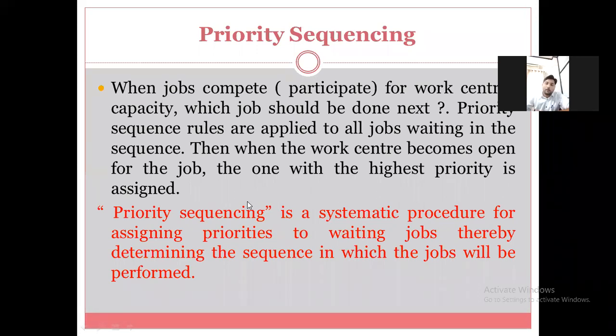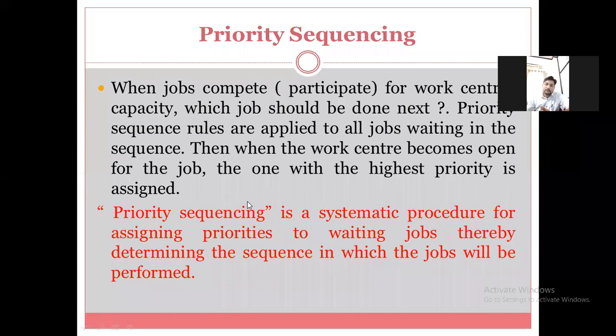Once the tasks are segregated, consider that the company is producing 10 varieties of components, and for at least 7 to 8 components one process is common.